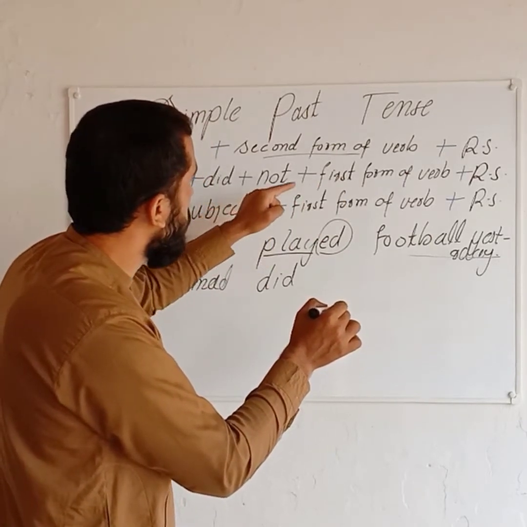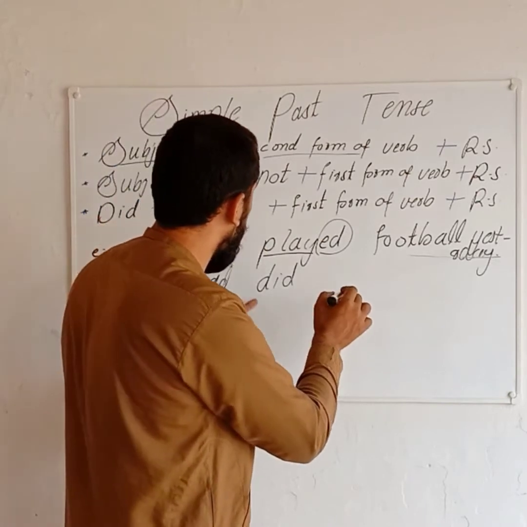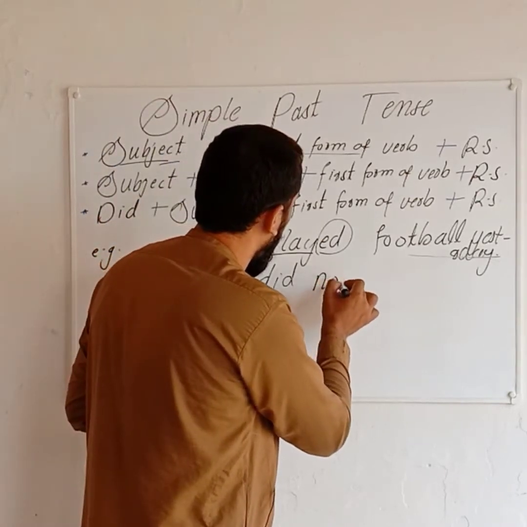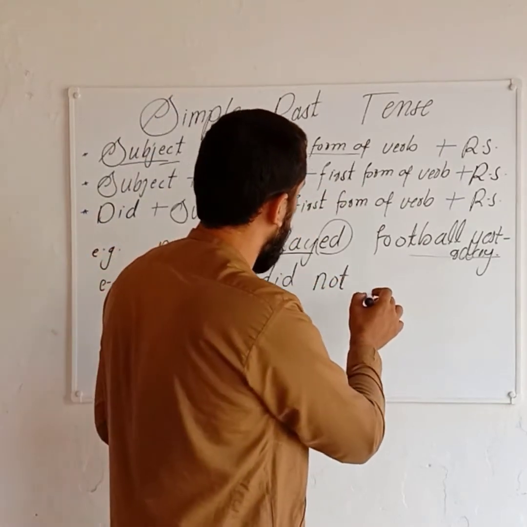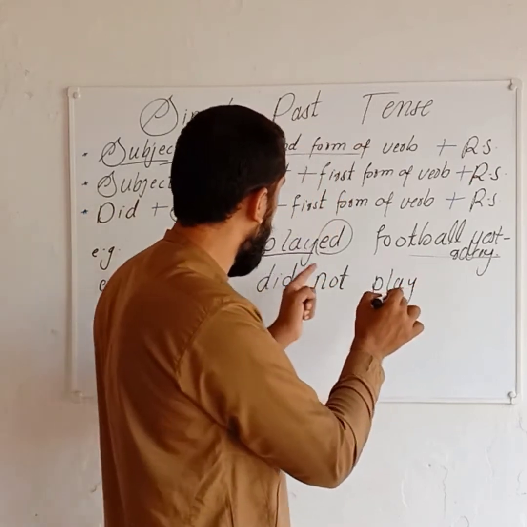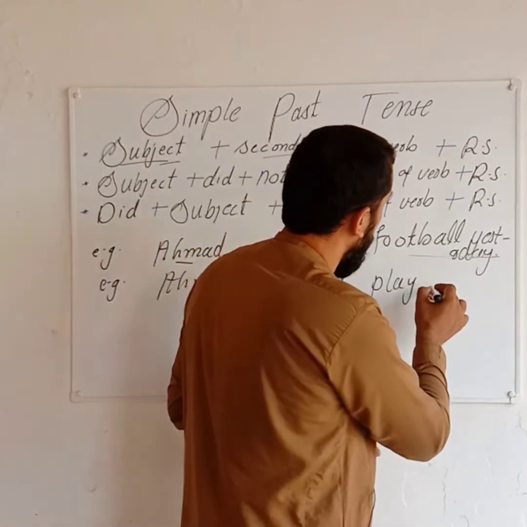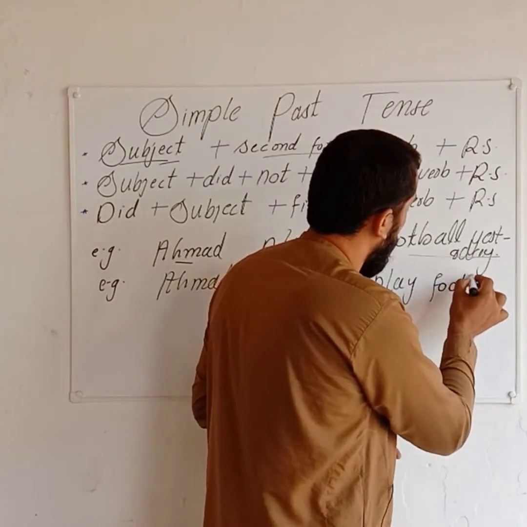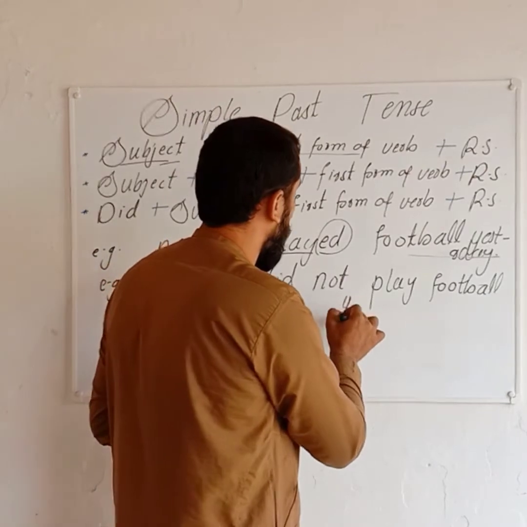After did, we always use base form of verb or first form of verb. Ahmad did not, then first form of verb. The first form of played is play. Ahmad did not play football yesterday. Ahmad didn't play football yesterday. This one is negative.